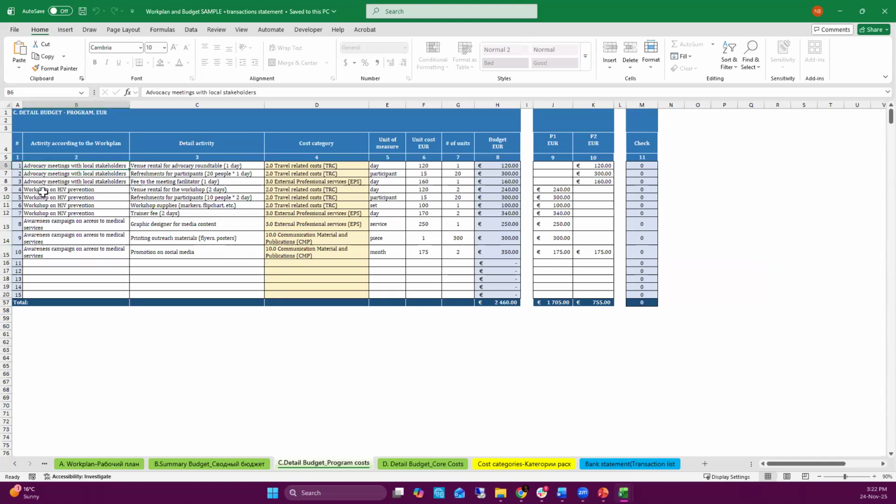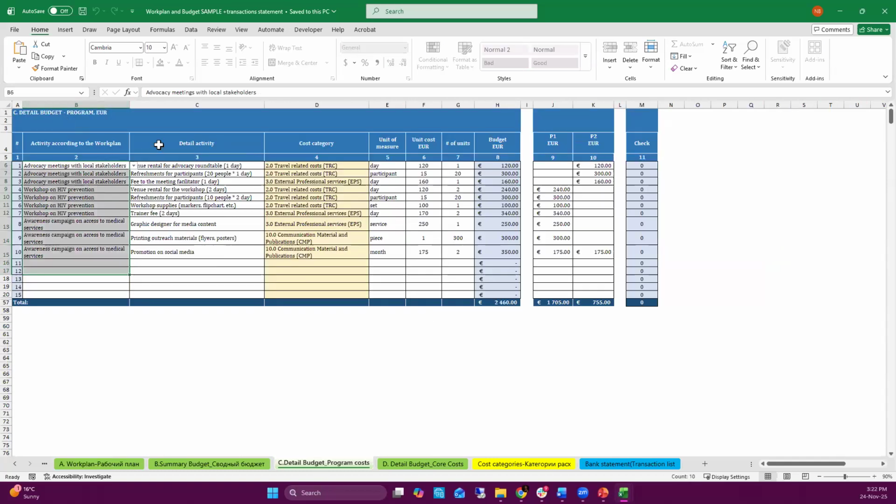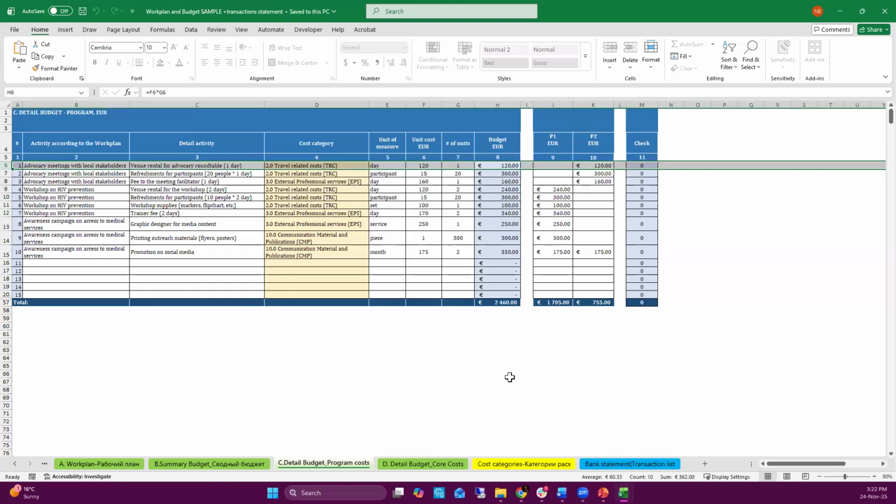So we always have activities according to the work plan. These are the activities mentioned here in this part. We have detailed activities, which give us an understanding of the expenses in more detail, the related cost category for each, and the unit cost, number of units, and the total for each budget line.